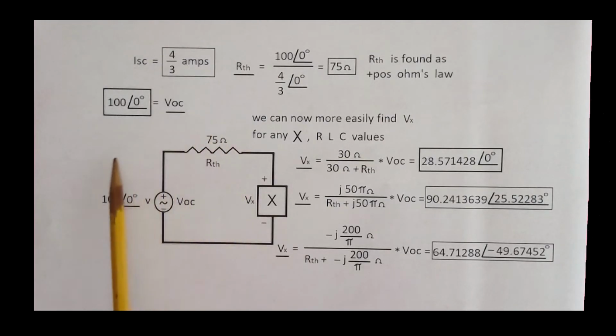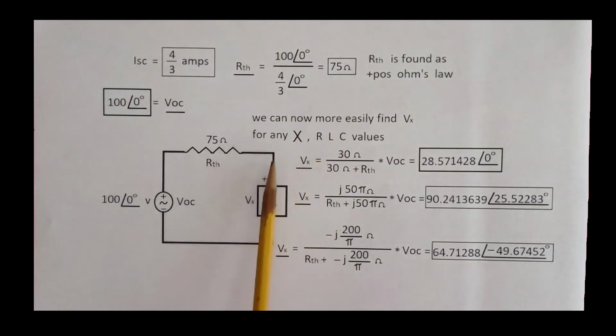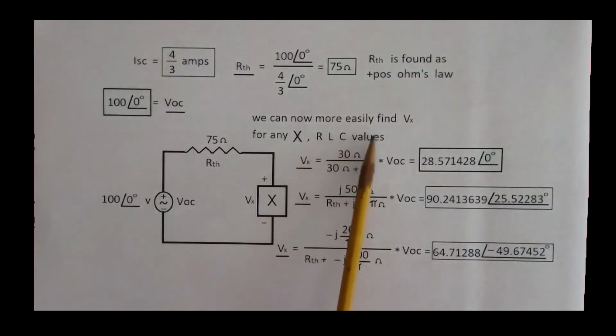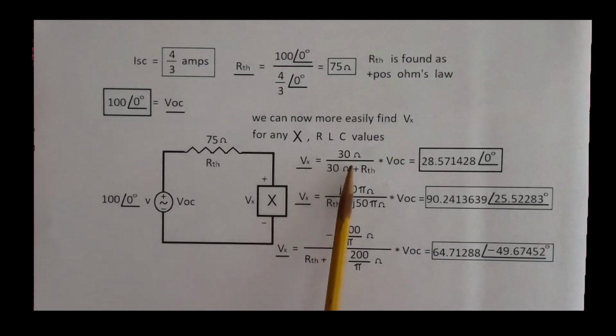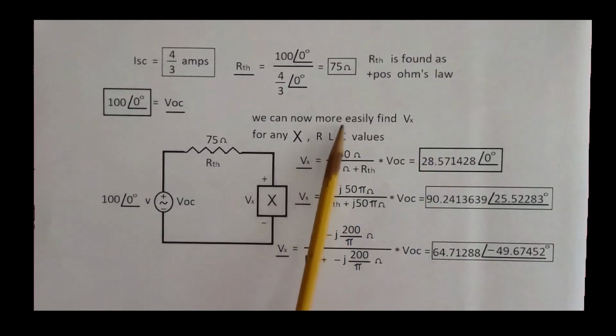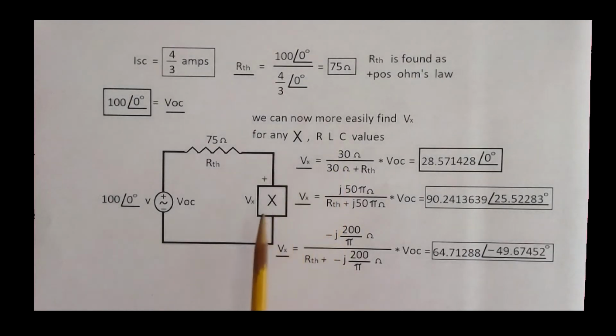Now we have the Thevenin equivalent as seen by X load, and we can replace X with any value we want, R and L, C, and I've repeated the number crunching here, and after Thevenizing it, which wasn't that difficult, we can find Vx for the 30 ohm resistor, the 0.5 Henry inductor, and the 50 microfarad capacitor.